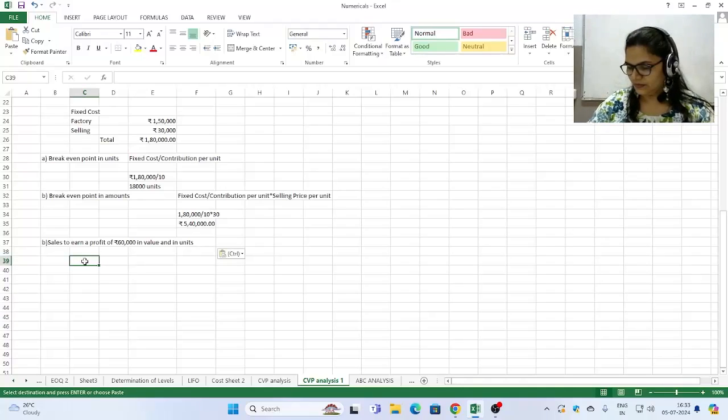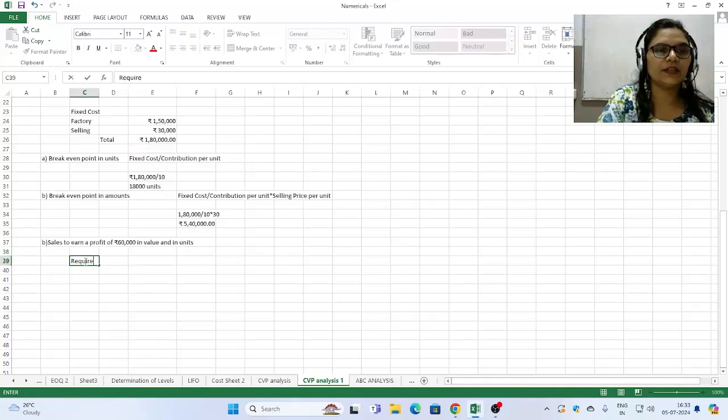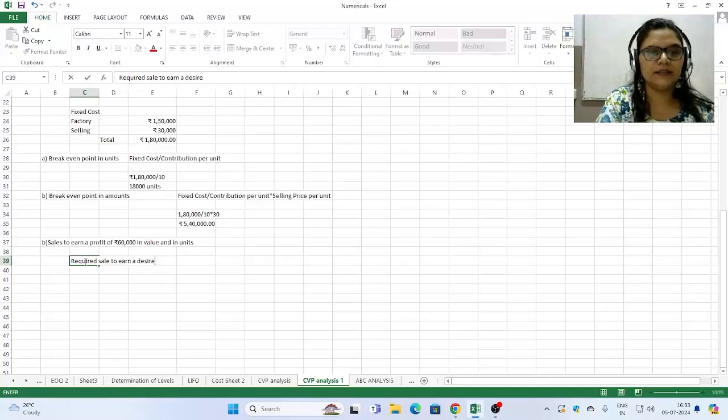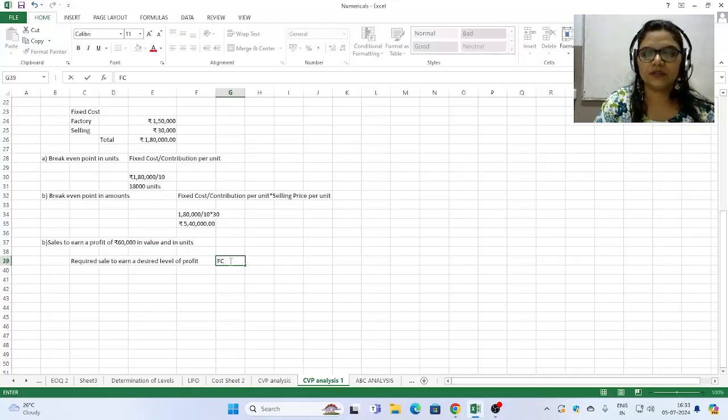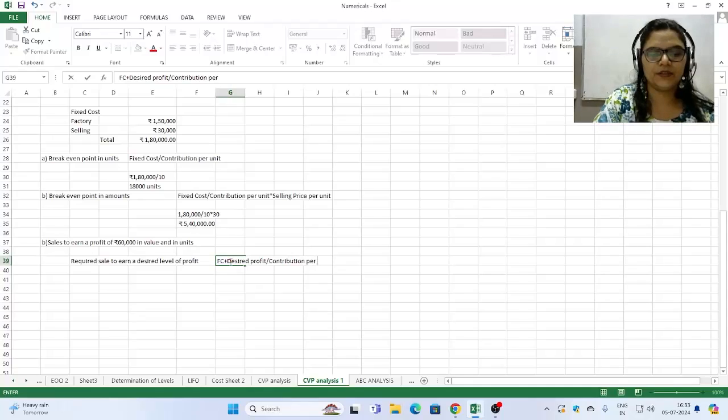So the formula, when we need required sales to earn a desired level of profit, formula is fixed cost plus desired profit upon contribution per unit multiplied by 100.